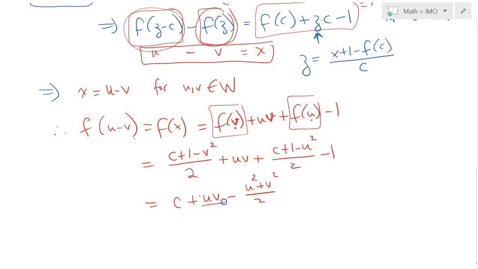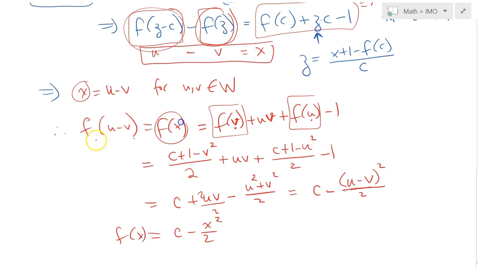But then this is just 2uv over 2, so this would become c minus u minus v squared all over 2. But then u minus v, recall, was equal to x, so that's just c minus x squared over 2. So that's f of x, right? So we established this was f of x. Wow, so this is true for all x in R.